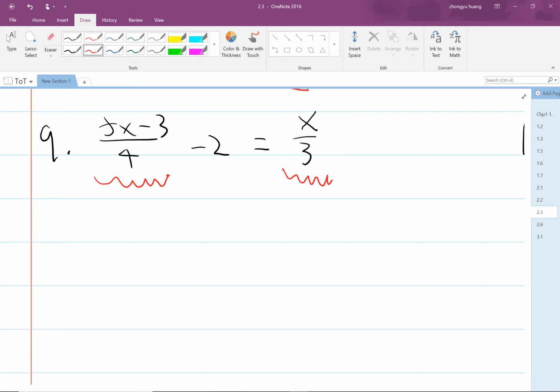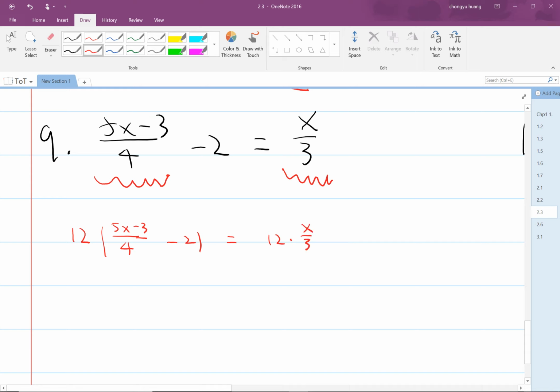We're going to multiply the whole equation by 12. I will tell you why the number is 12 here to get rid of the denominators. Why is it 12? Okay, let's slow down a little bit.